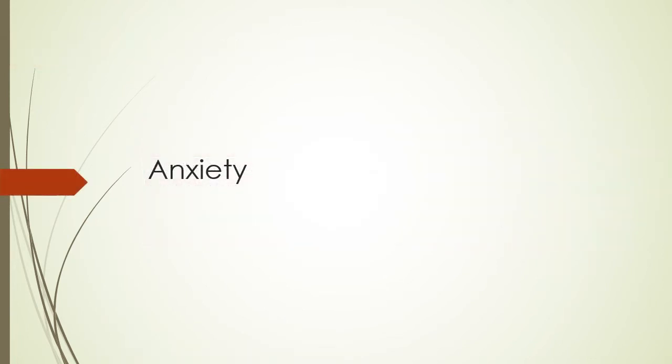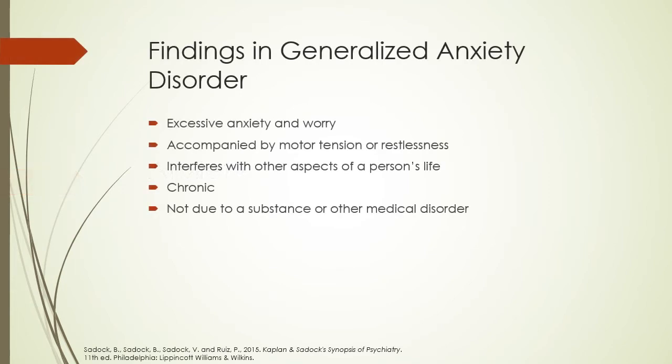Into anxiety. Generalized anxiety disorder. So GAD, or generalized anxiety disorder, is a specific form of anxiety, and there are many others. So what do we see in patients with GAD? There is excessive anxiety and worry. This is accompanied by motor tension or restlessness.